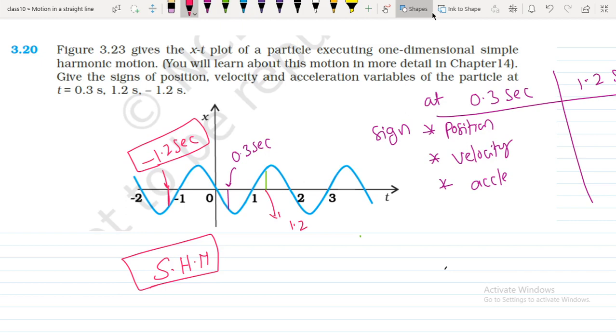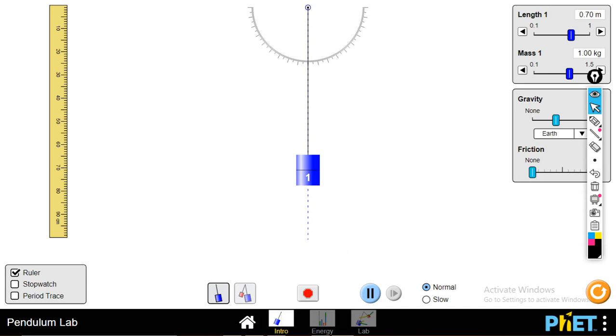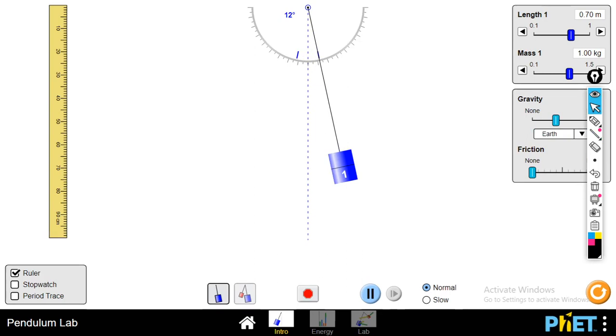Let us see how simple harmonic motion works first. This is the setup of simple harmonic motion. To make simple harmonic motion, we need a simple pendulum. So this is the pendulum setup. It has a mass, and that mass is tied with a string.